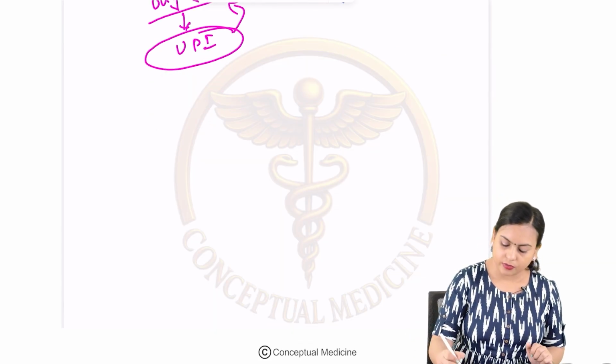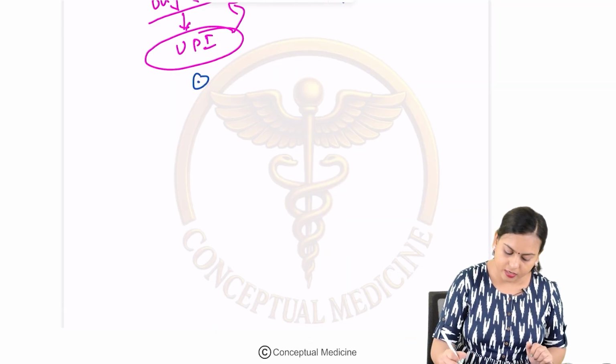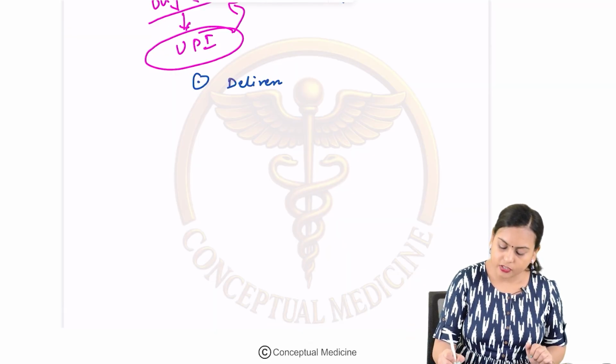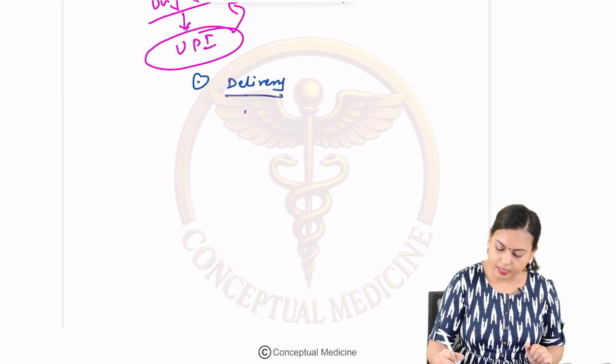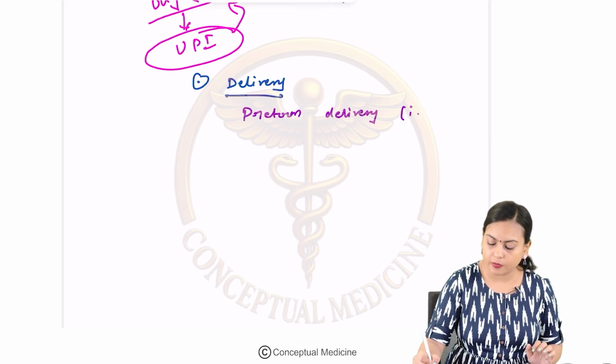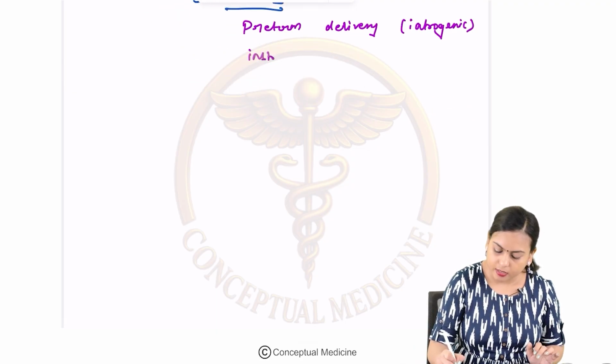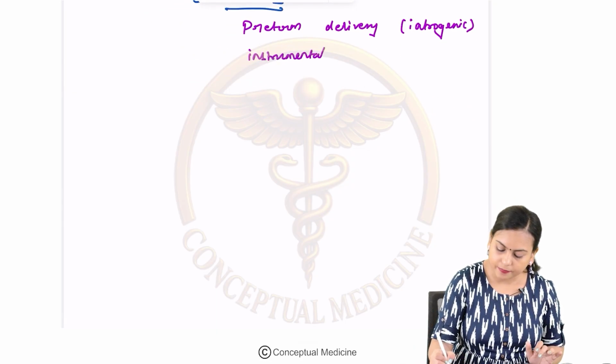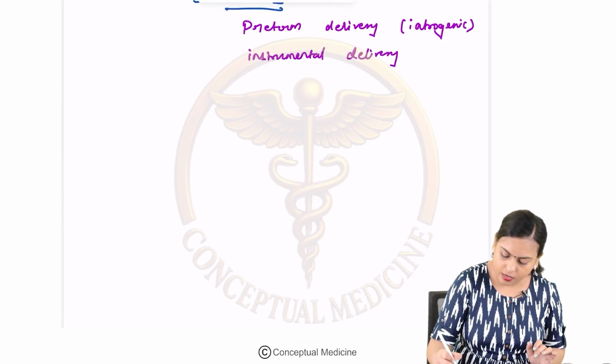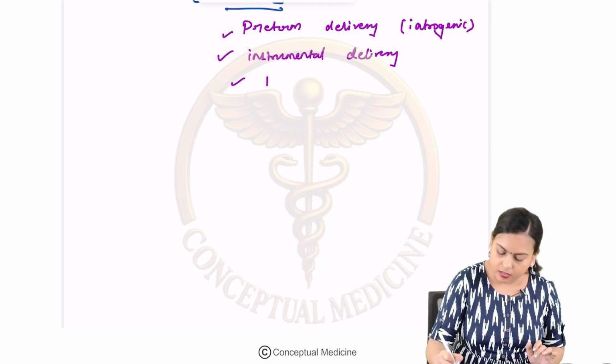So, the next one, the complications in delivery include preterm delivery. So, this will be mostly iatrogenic. And there can be instrumental delivery or traumatic delivery.